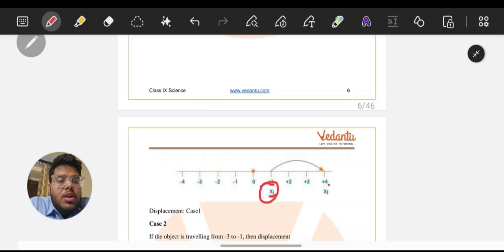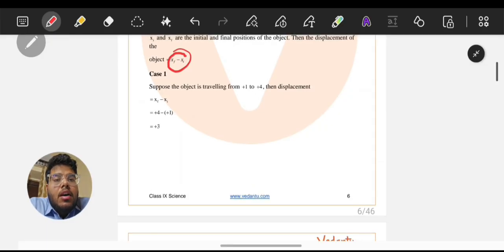The initial position from the origin is +1 and the final position from the origin is +4. We know the initial point and the final point positions. Now we have to put it in the formula of displacement, that is x final minus x initial. X final position from origin is +4 minus initial position of object, that is +1. Now the resultant will be +3.